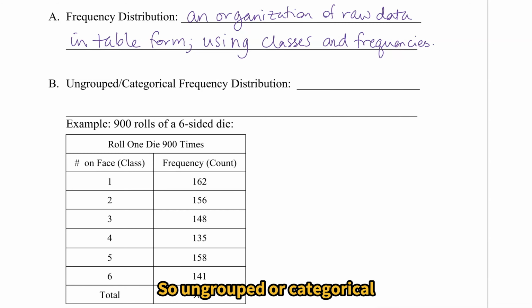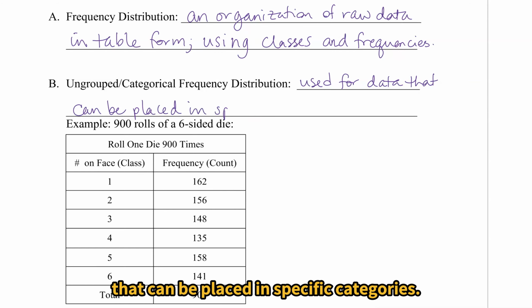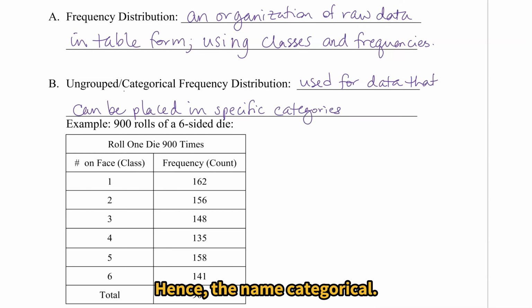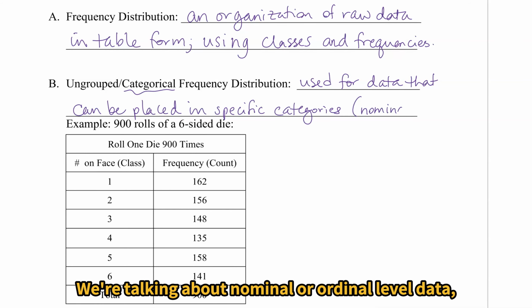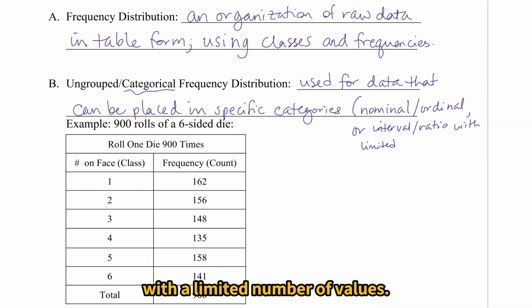So an ungrouped or categorical frequency distribution is a frequency distribution that we use for data that can be placed in specific categories, hence the name categorical. We're talking about nominal or ordinal level data, or interval or ratio data with a limited number of values.